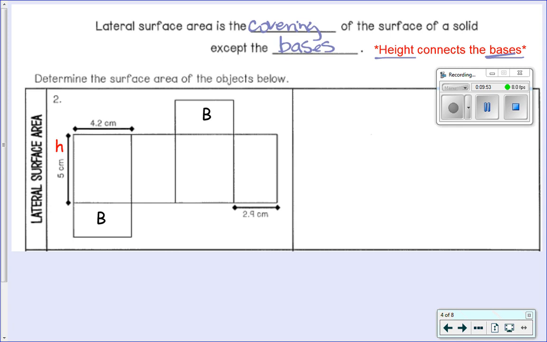The first name of the prism tells you the shape of your base. So if it's a rectangular prism, what shape is my base? A rectangle. Okay. And then for rectangular prisms, they're actually all rectangles. Okay. So in that case, if you notice this one right here, we went ahead and labeled which ones your bases were.